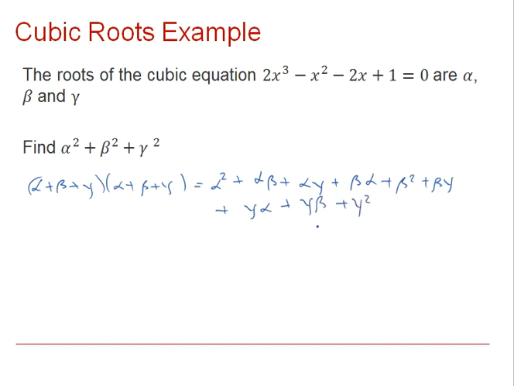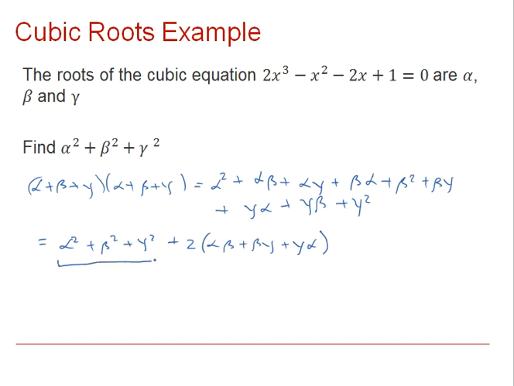As I said, it really doesn't matter which order you write some of those pairwise products in. Important thing to remember is that when you gather the terms up, you would end up with alpha squared plus beta squared plus gamma squared plus 2 lots of alpha beta plus beta gamma plus gamma alpha.